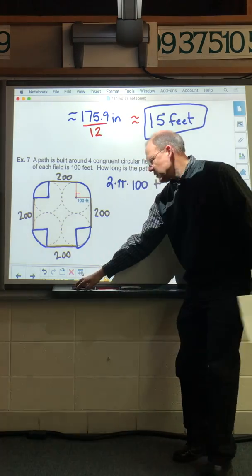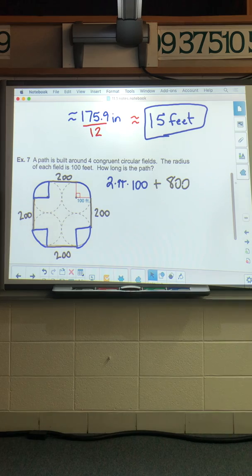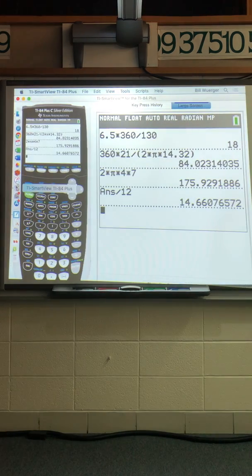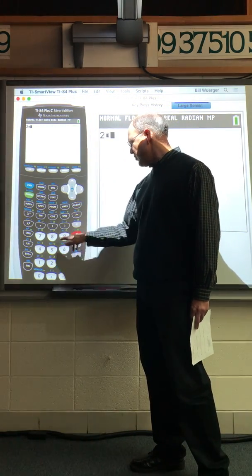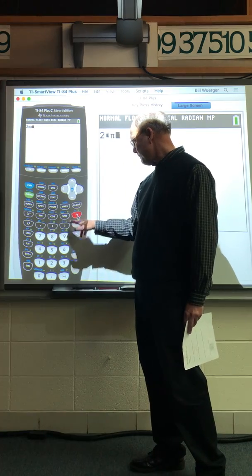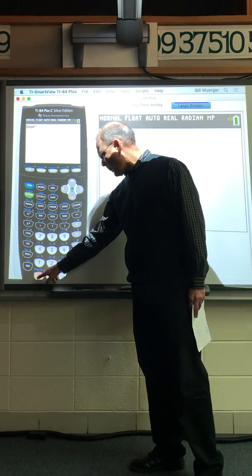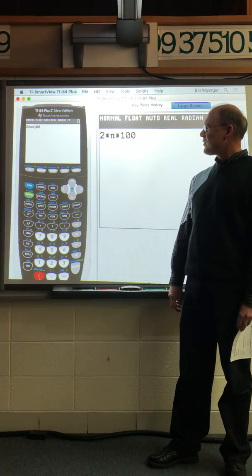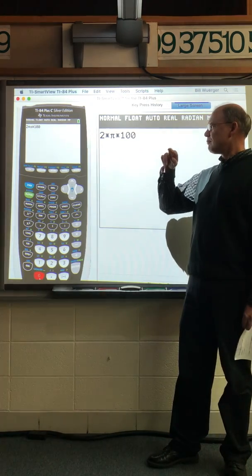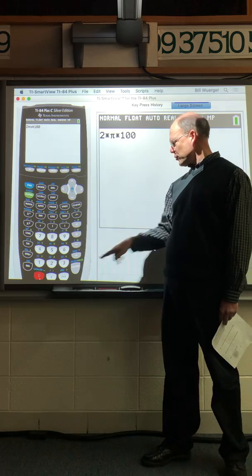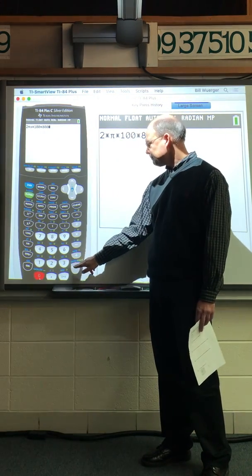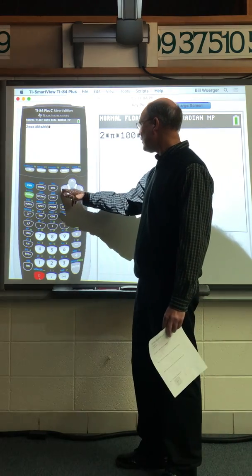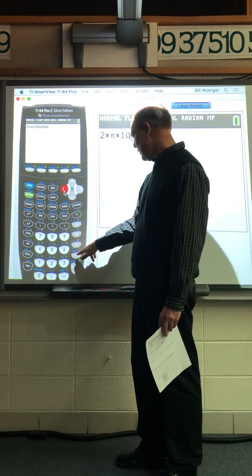Whoops. So calculator one last time. Do 2 times pi times 100. That's the circumference, which is those 4 corners, plus the 800. Whoops, not times 800. Plus 800.